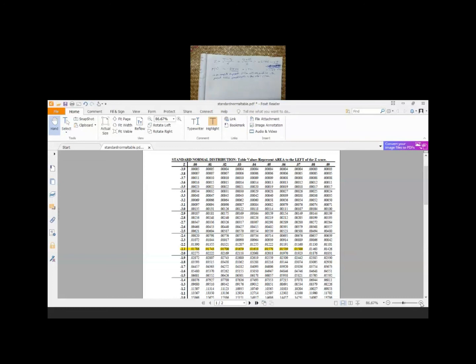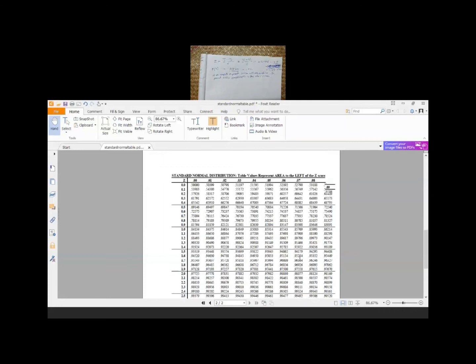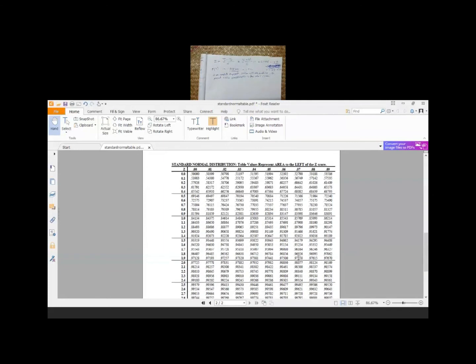Now I will ask, if the z value is plus 2.17, then what will you do? The z value is plus 2.17. Then you see on the left side of this table, these are all minus. So we go to the next page.